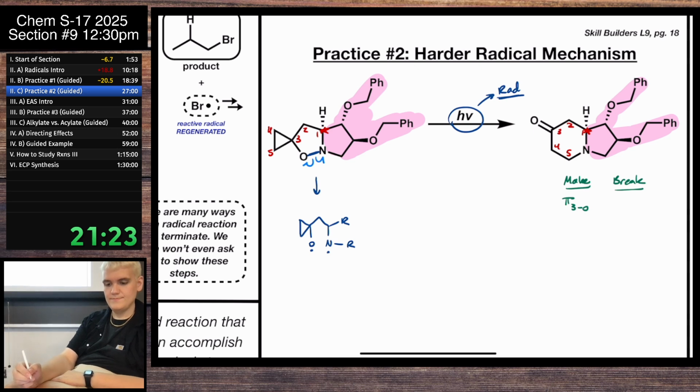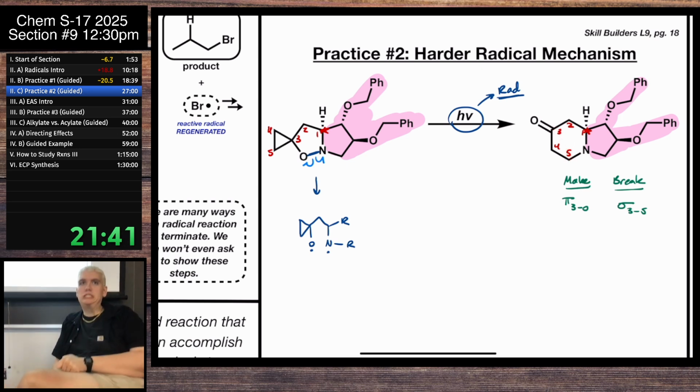I'll break a CC bond. Yeah, which CC? So this sigma, I think 3 to 5. 3 to 5, because we still have 3 to 4 connected over here, but we don't have 3 and 5 connected anymore. So this used to be kind of like this. Okay, other ones.